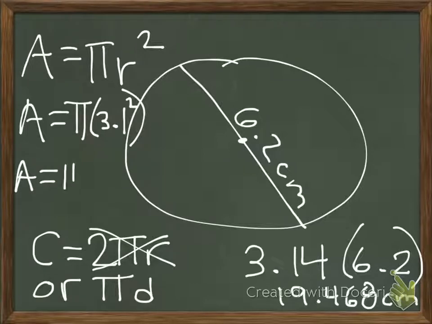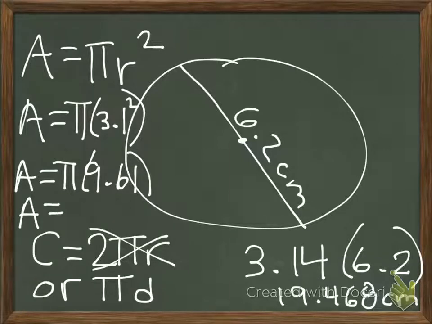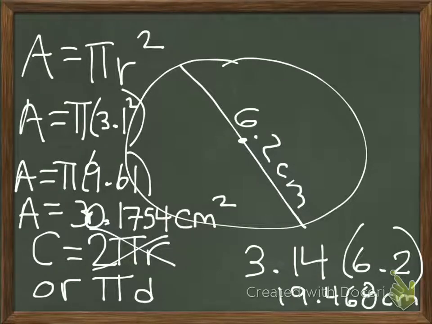So we're going to do pi times 9.61, or 3.14 times 9.61, which gives us 30.1754. And that's going to be labeled with centimeters squared for area.